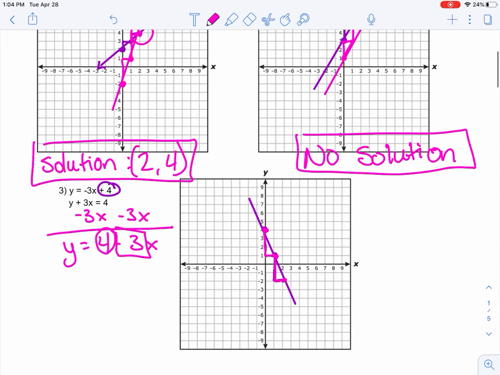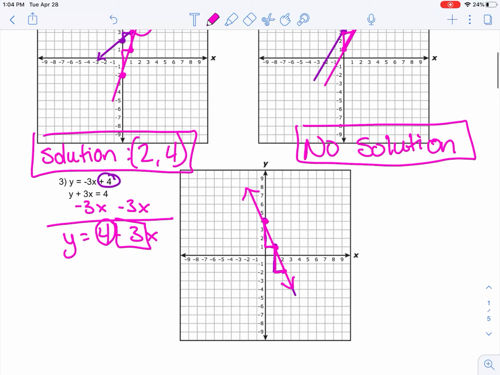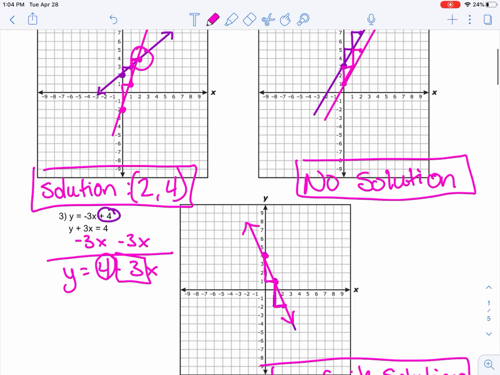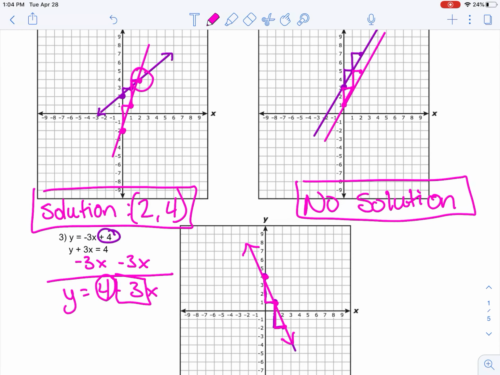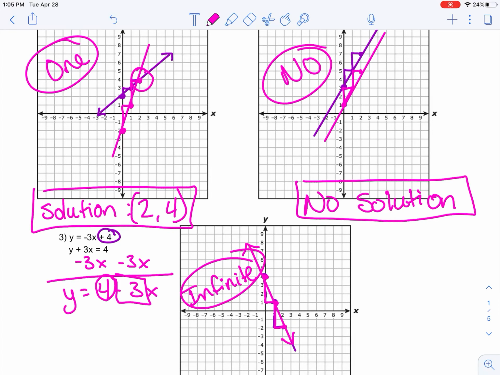And you should notice that these lines are perfectly on top of each other, which in my first video on graphing told us that this is infinite solutions. So there are three different options when solving graphically: one solution, no solution, and infinite. So you need to be able to identify those things.